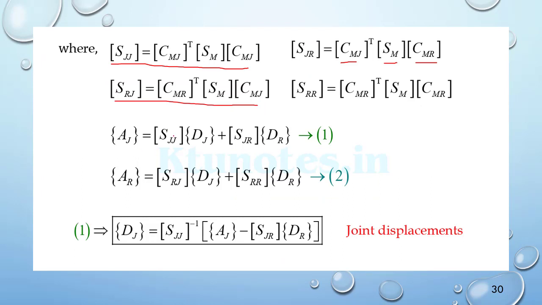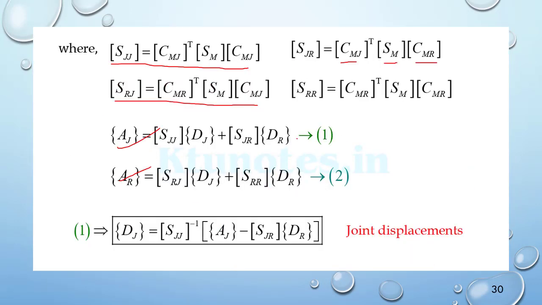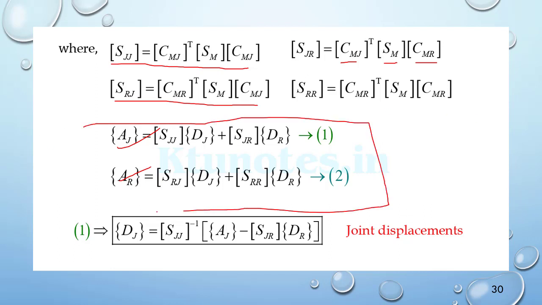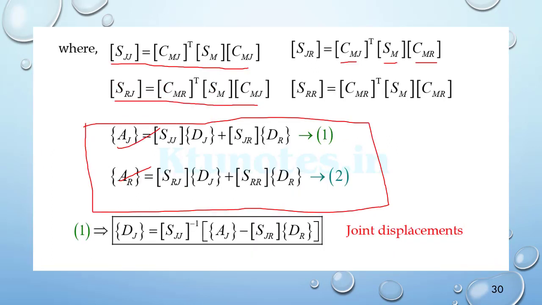Hence, applying these values AJ and AR to this matrix equation, the first one implies that DJ is equal to, on rearranging, SJJ inverse into AJ minus SJR into DR, which is the joint displacement.